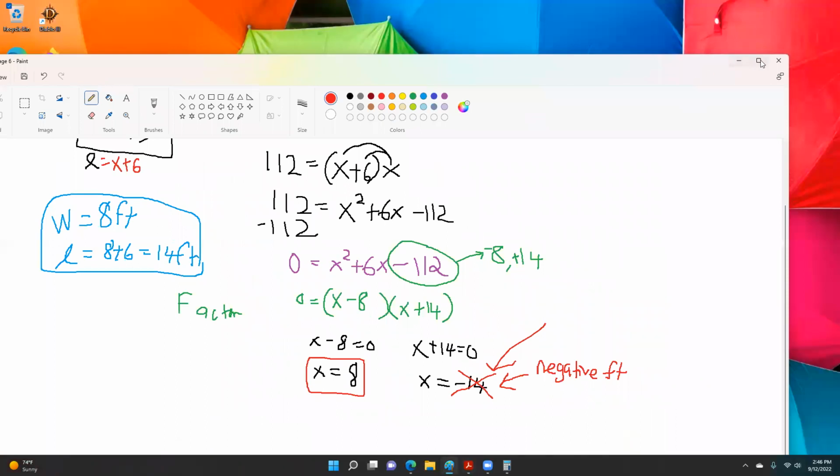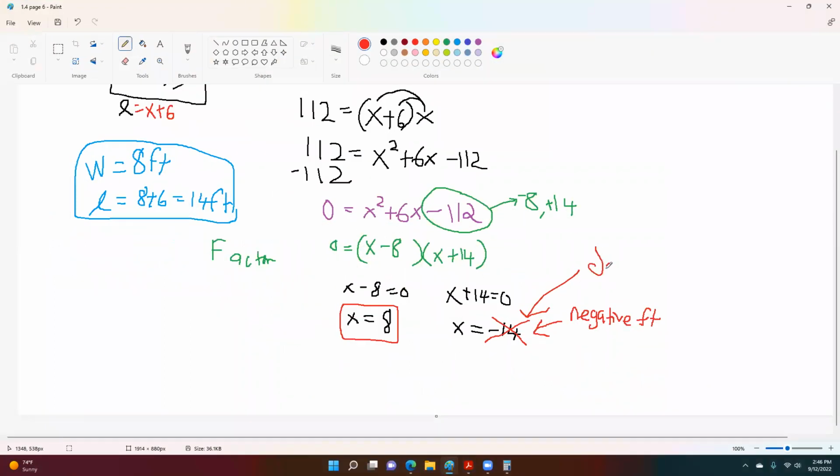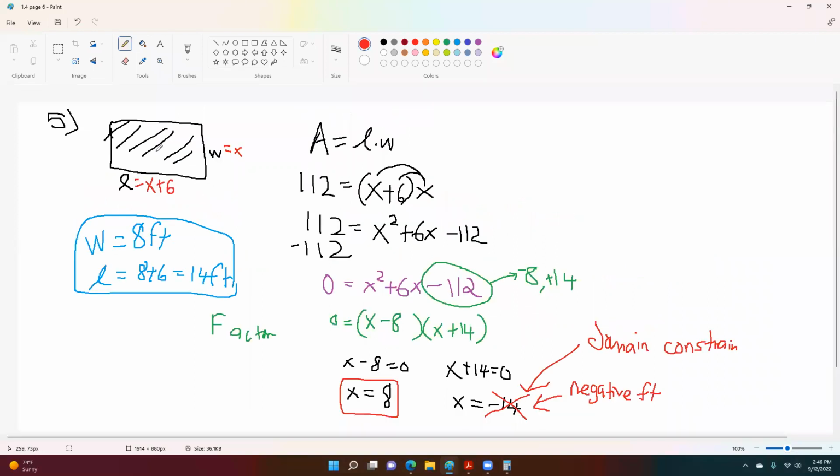This is something that in college algebra, a lot of students have trouble with, what we call the domain constraint. It means that we know that we cannot have a negative answer when we talk about areas and length and width, right? So that's why you cannot take part of your answers in this case. But if I just want to solve this equation without doing any areas or length, then yes, your answer will be 8 and -4. Do you guys get what I'm trying to say to you?